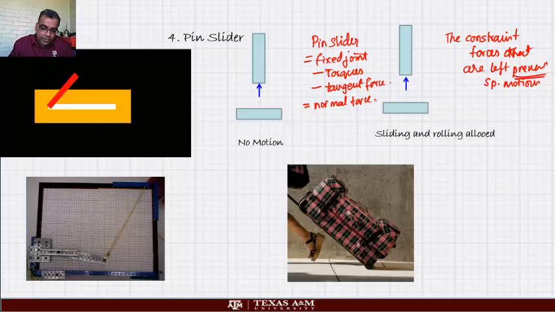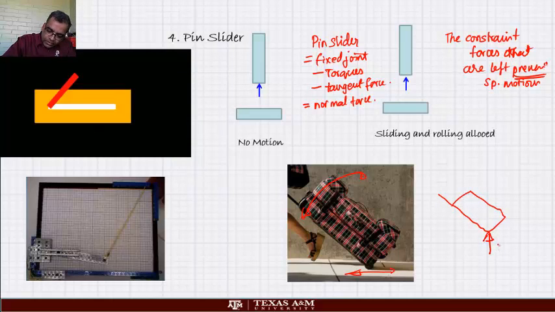Okay, so just to get you an idea of what a pin slider will look like, look at your common dragging suitcase, the thing that you use to go anywhere. You can see it can move this way and it can rotate that way. Can you see that? So for this suitcase, if I were to draw the force at the corner, it will be only this.